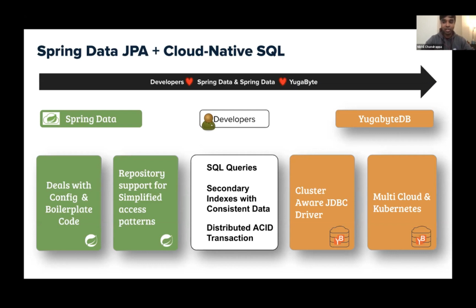And what we have done within Yugabyte is we have taken the effort to implement integrations for all these Spring Data projects. Since we have a bunch of distributed SQL features that are new to the SQL world, like cluster awareness in a JDBC driver, and also being able to bring in the intelligence of where the app is actually running, like how to read the application properties or the config maps from Kubernetes, we have built all those things into our drivers.